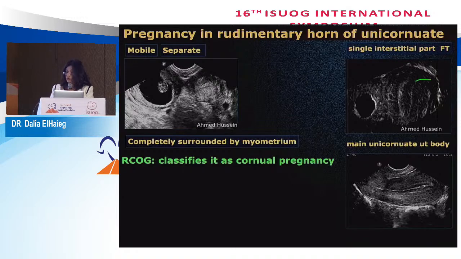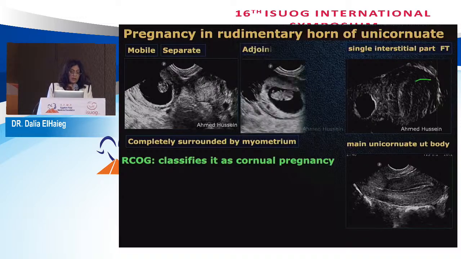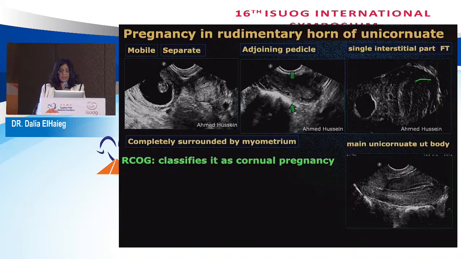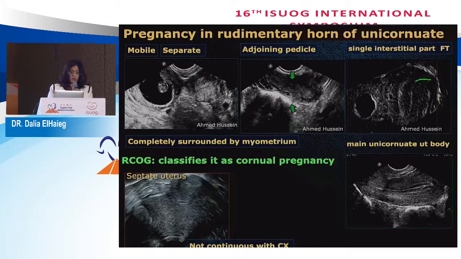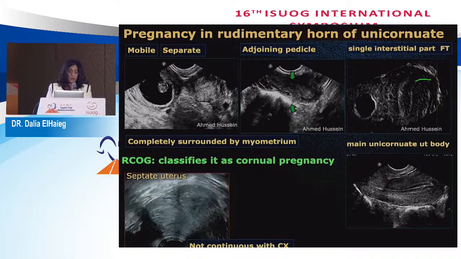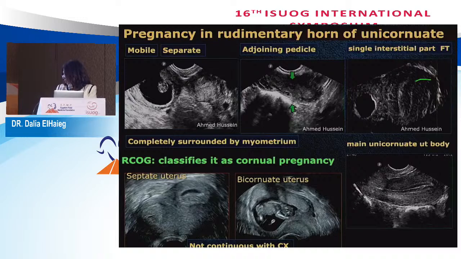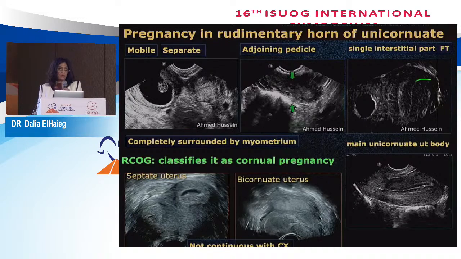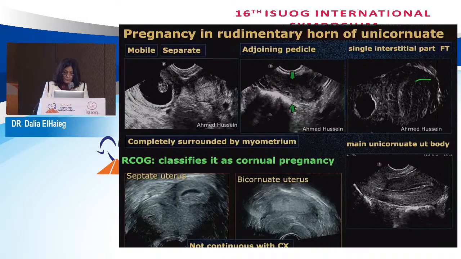This is how to differentiate it from the interstitial ectopic pregnancy, and it's only adjoined to the uterus by a pedicle. We have to make sure that it is not continuous with the cervix in order to differentiate it from pregnancy in a septate uterus or pregnancy in a bicornuate uterus, as you can see.